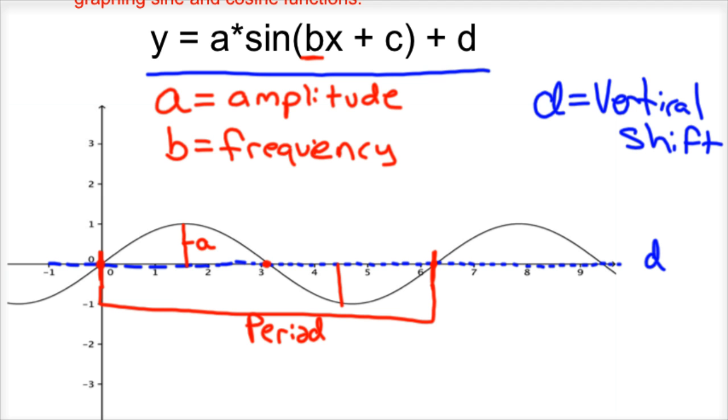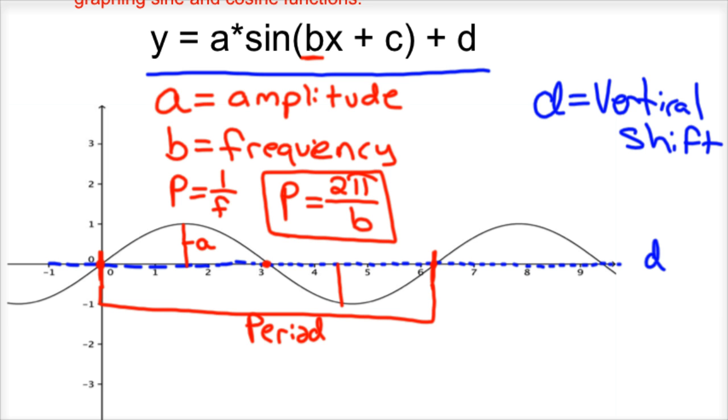So b is frequency. And then our period, we know probably from your science class, is 1 over frequency. Well, we're going to go a little bit further, and we use 2 pi, since that's our cycle as a circle. And so it's 2 pi over b in terms of our formula up here. So if you want the period of this, or the length of one cycle, you take 2 pi divided by b.